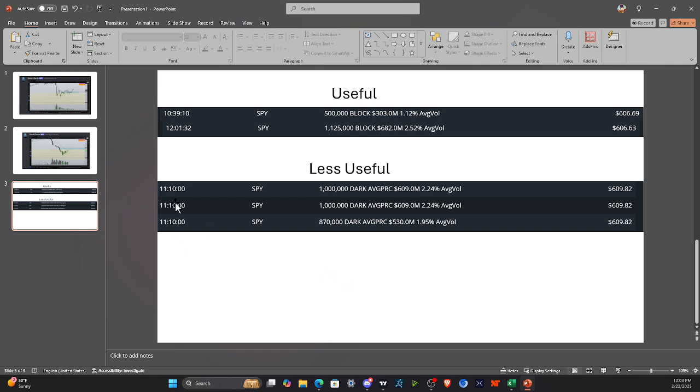At 11 a.m. SPY was already significantly below 609.82. So these become more important due to the percentage of average 30-day volume and coming in real time as SPY is trading in this area. So 606.69, and then what we considered basically a tack on, only 6 cents away at 606.63.